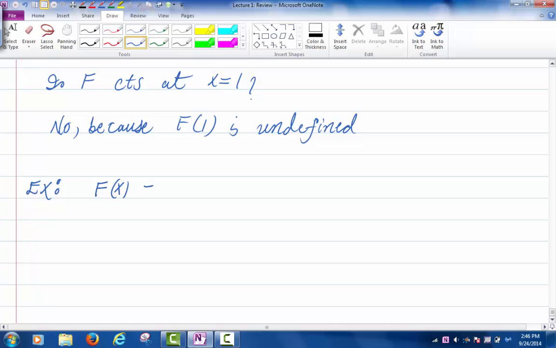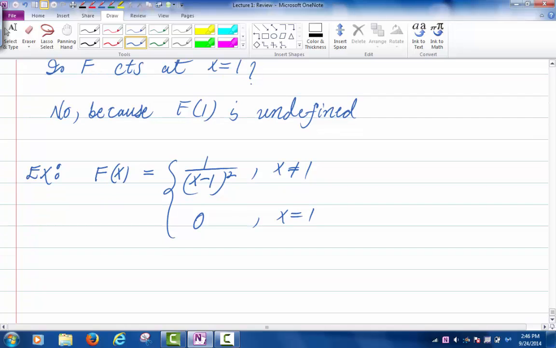I have f of x still 1 over (x minus 1) squared when x is not equal to 1, but I define the value of the function to be 0 when x is equal to 1. How's that? Now the function is defined at 1, right? Is it now continuous at 1? Yes, no?